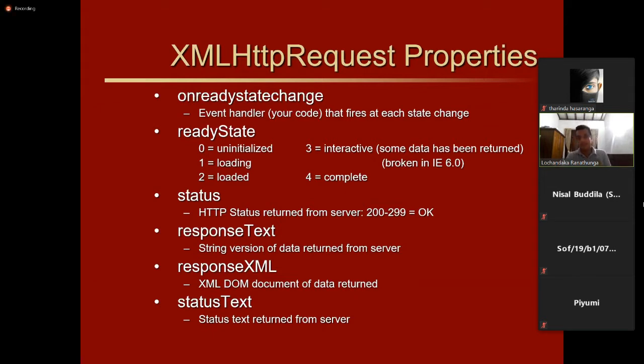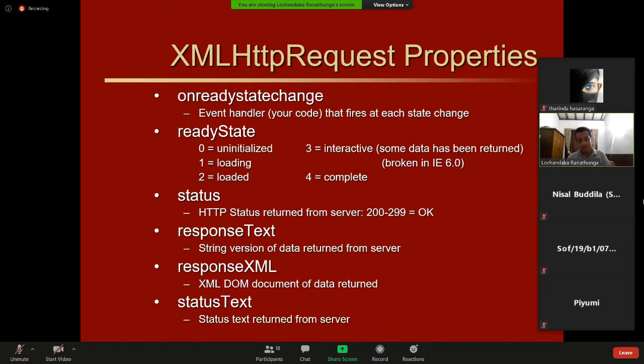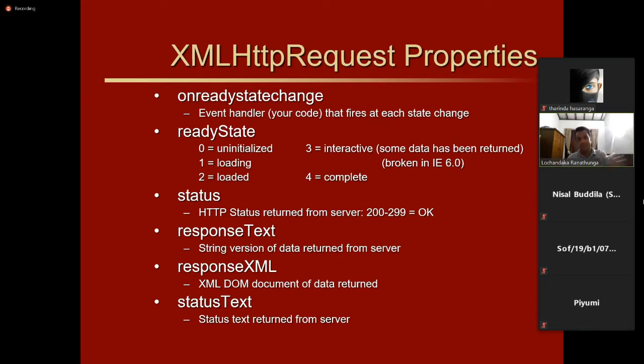Now here, the XMLHttpRequest object is the core of Ajax. That object which we create in JavaScript will communicate with the server, and will be able to get the data and send the data to the server.